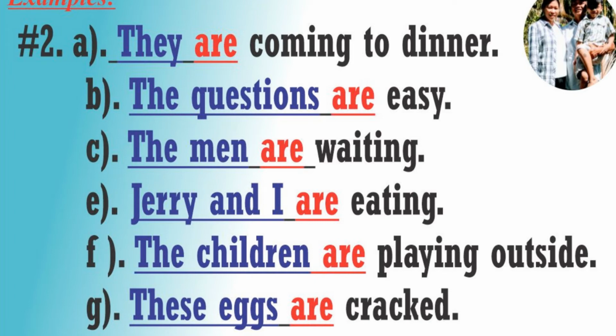So men is a plural noun, so we use are instead of is. But if you use man, man is singular, we use is. But this is plural, men is a plural noun, we use are. The men are waiting.